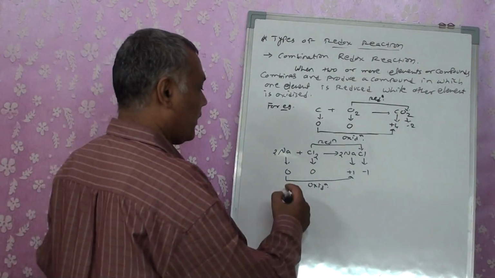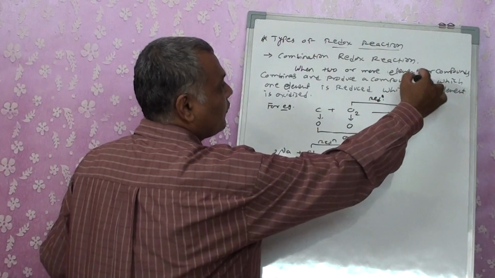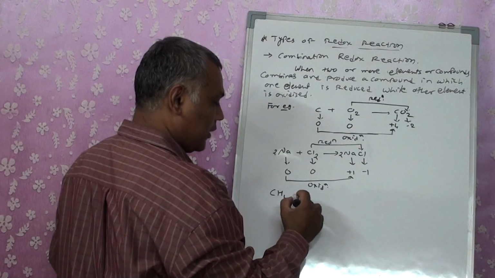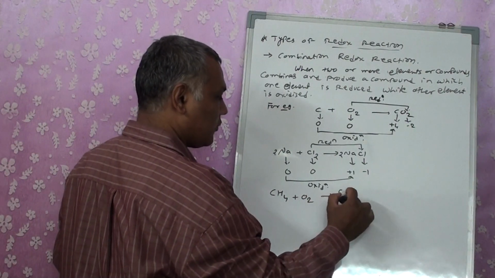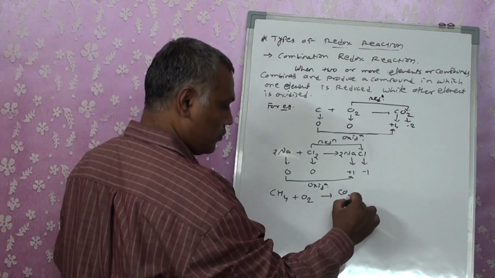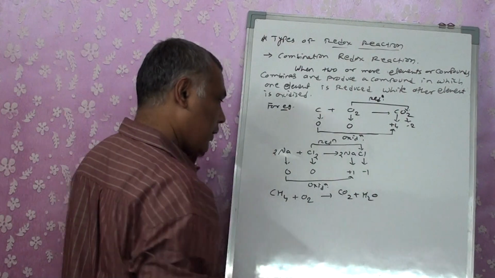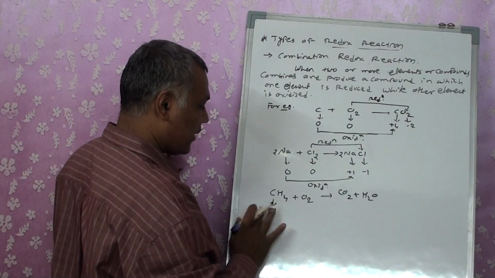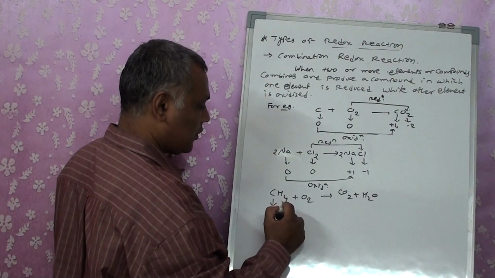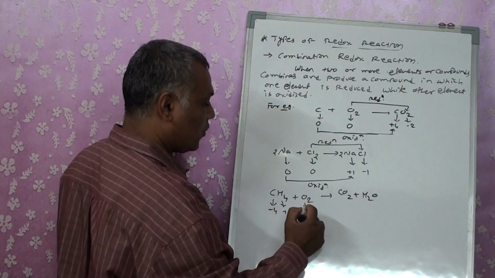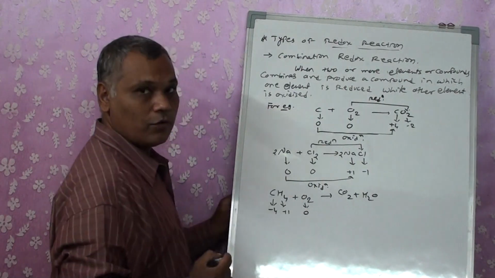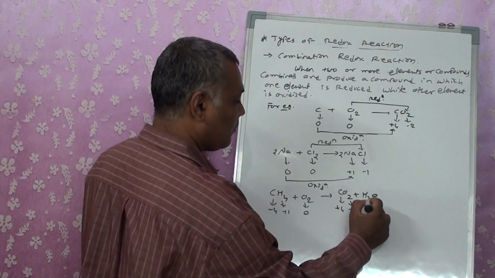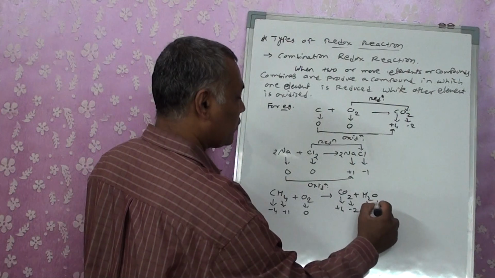One more. Already I told that compounds can also be there. CH4, a compound, reacted with O2 gets converted into CO2 and H2O. At that time, carbon is in the minus 4 oxidation state, hydrogen plus 1, and O2 is a molecule, so 0. After the reaction, carbon is plus 4, oxygen minus 2, hydrogen plus 1.